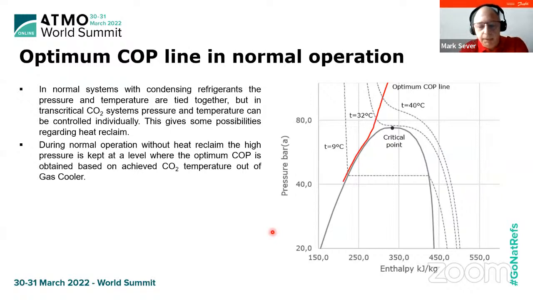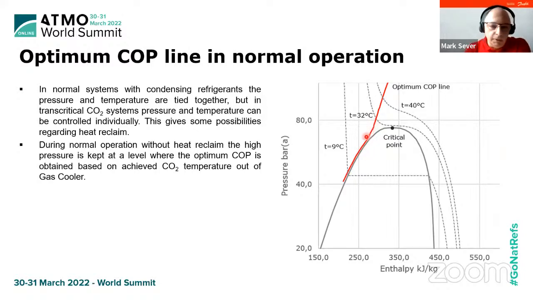Many of you, I believe, have experience with CO2 transcritical systems, and you know that above the critical point, there is no longer a tight connection between pressure and temperature, so we can move around this area quite freely. But in normal operation, we are always trying to manage our temperature out of the gas cooler linked to the ambient temperature, and out of these two values, we calculate the pressure reference in the gas cooler.